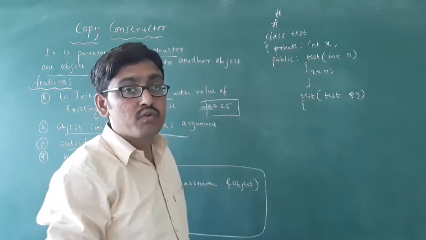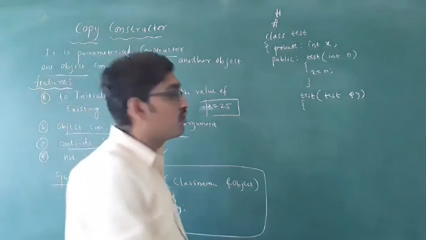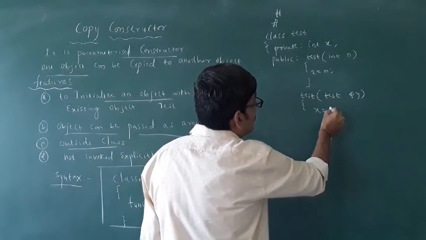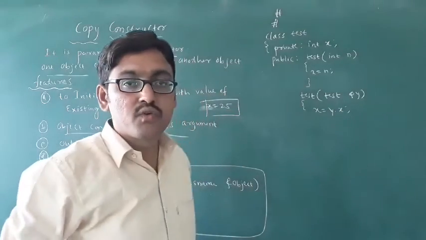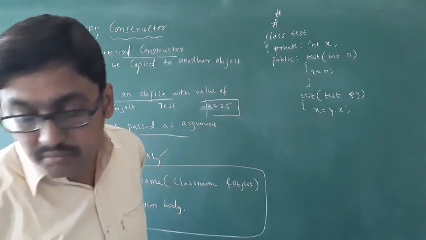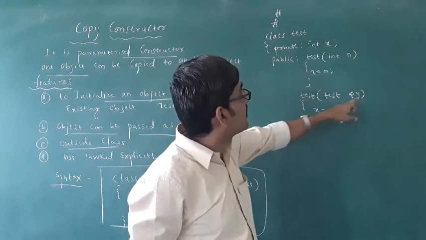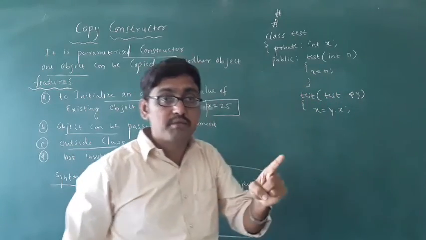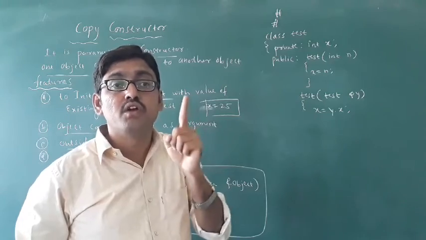See, x equal to y dot x. You write x equal to y dot x. Then what happens, the x value will be copied here, because data members are always accessed by using the dot operator.